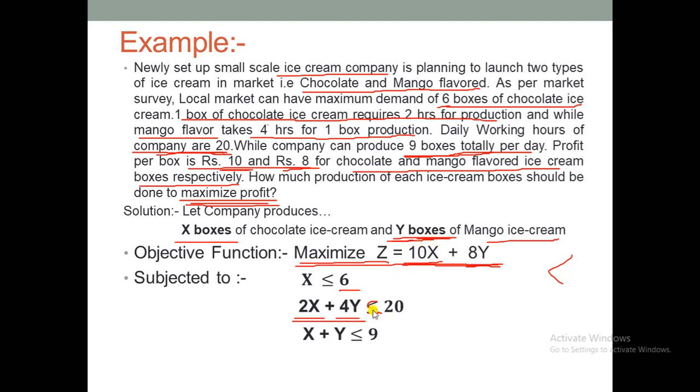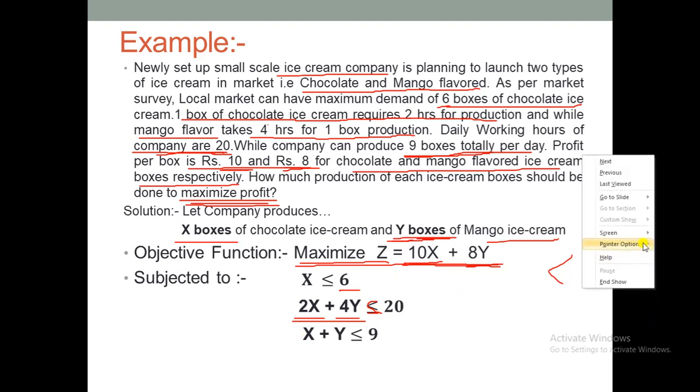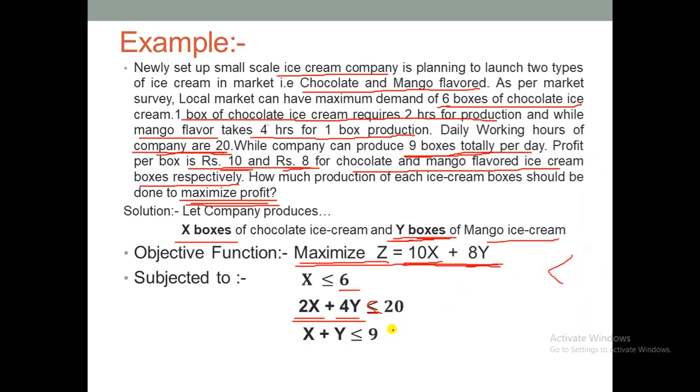So the third constraint we will get as X plus Y, that means the total number of boxes can be either equal to 9 or less than 9. But it cannot be more than 9 because that is the total production capacity of the company. So these are the three constraints we have got.